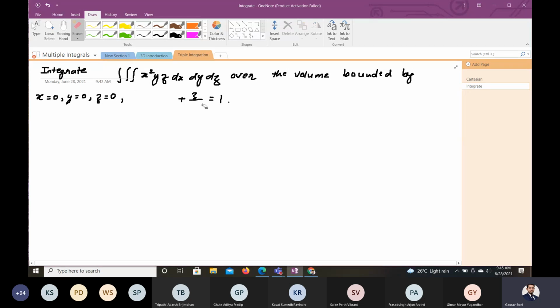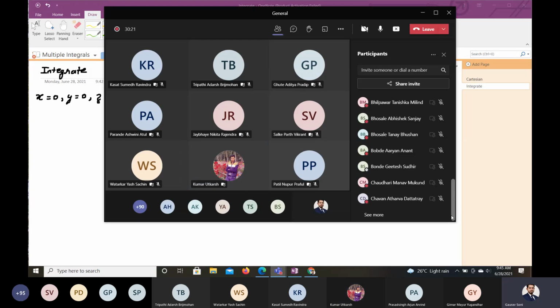What is this? x by a plus y by b plus z by c equal to 1. Sir, equation of line. Sir, equation in the intercept form. Equation of what in intercept form? Equation of line in intercepts form. What we have done in the previous lecture was a complete waste if you are not answering properly.